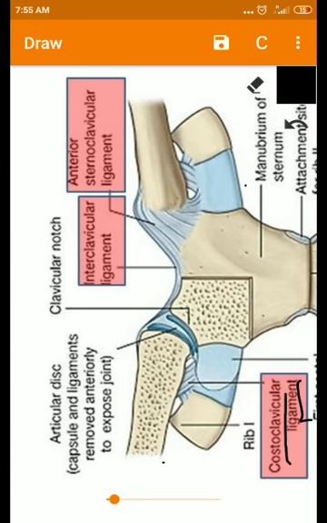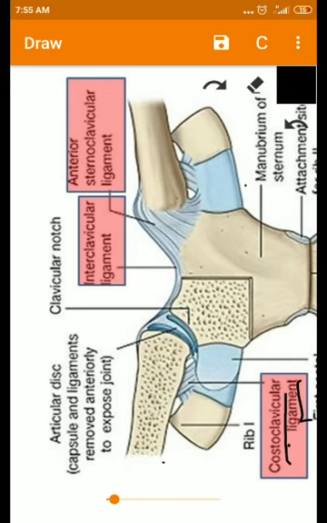So the ligament is attaching from the rib to the clavicle, so it is called the costoclavicular ligament. You can see here, this is the first rib, this is the costal cartilage, and this is giving attachment from the rib to the clavicle.